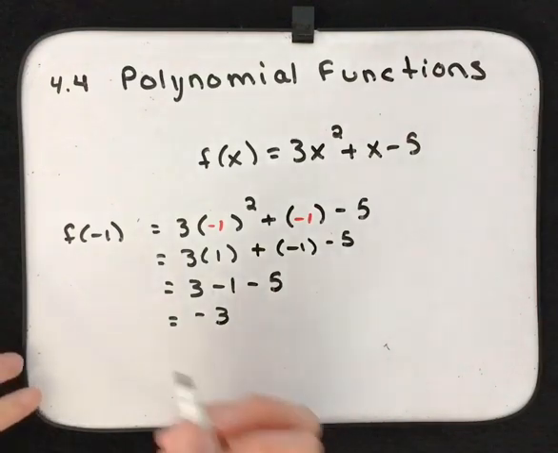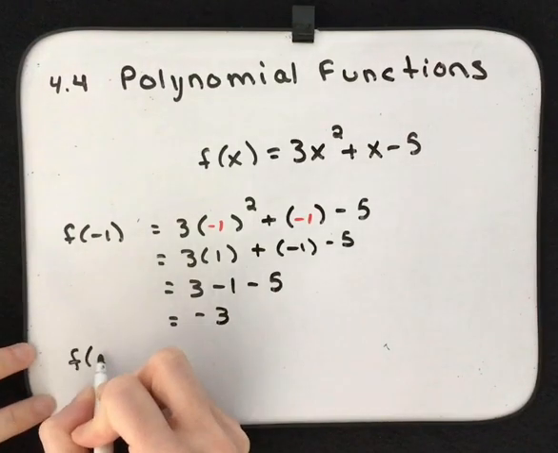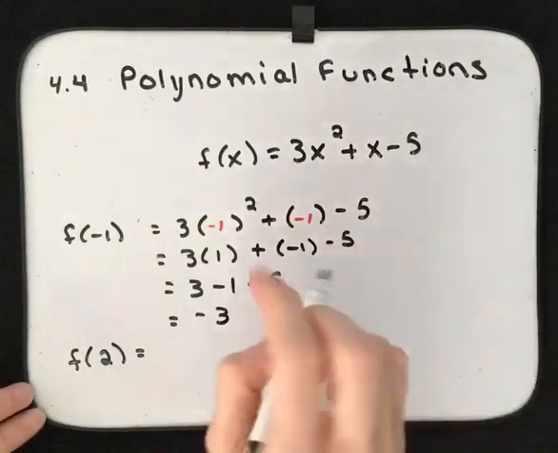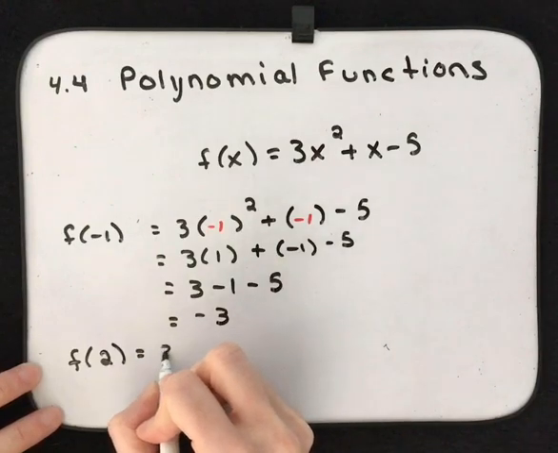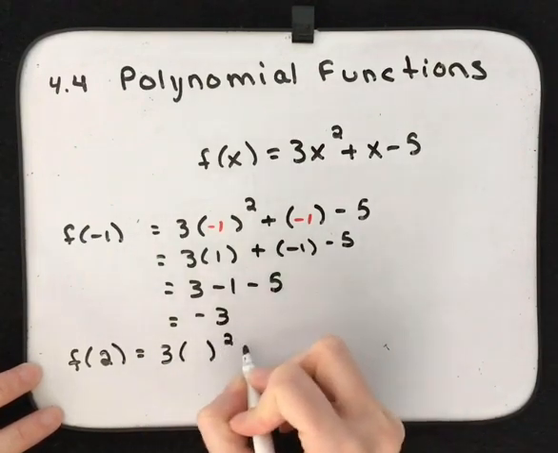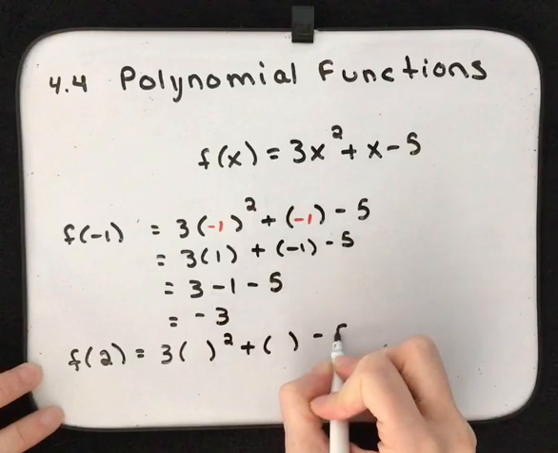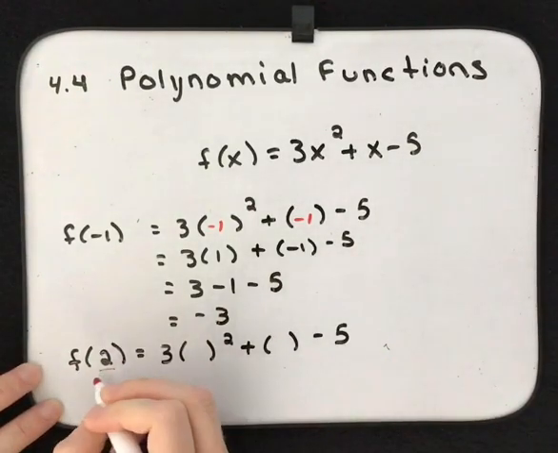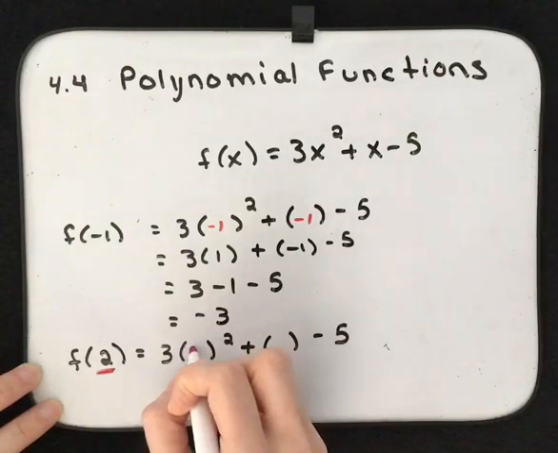Let's try again. Let's say we are asked to find f of 2. Well, this means rewrite exactly what you have, but instead of writing the x, write a parenthesis. Now this is telling us, in the place of that parenthesis, put a 2.